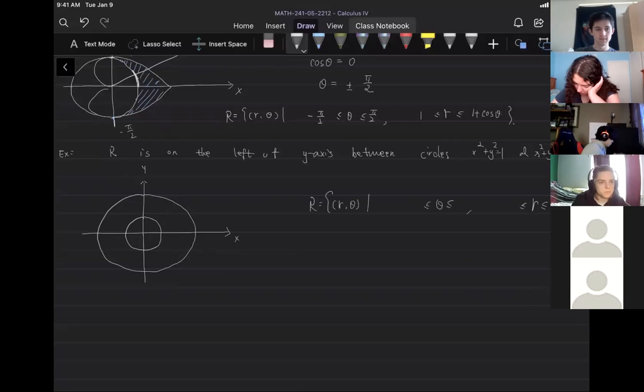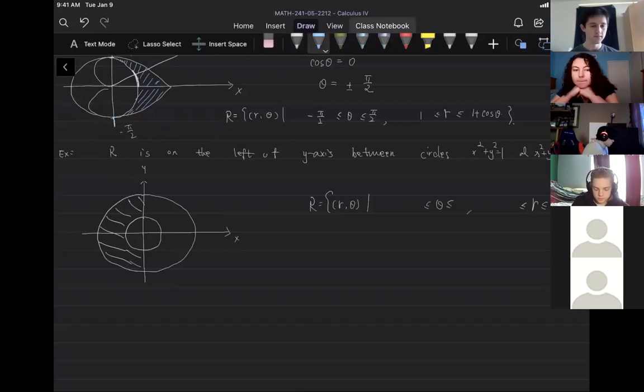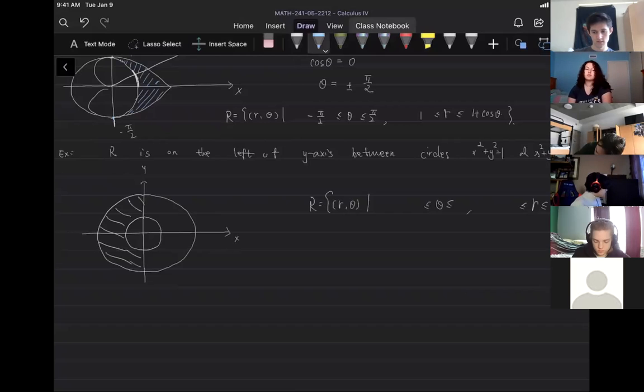I'm going to, on the left side of the y-axis, so it should be this one, right? Okay. So you can see theta from what to what? Theta should be pi over 2 to 3 pi over 2. Very good. Pi over 2 to 3 pi over 2.